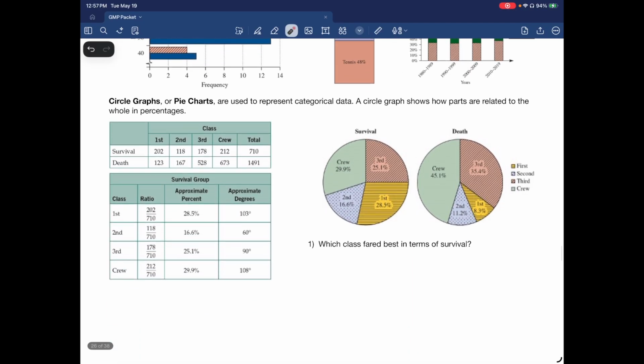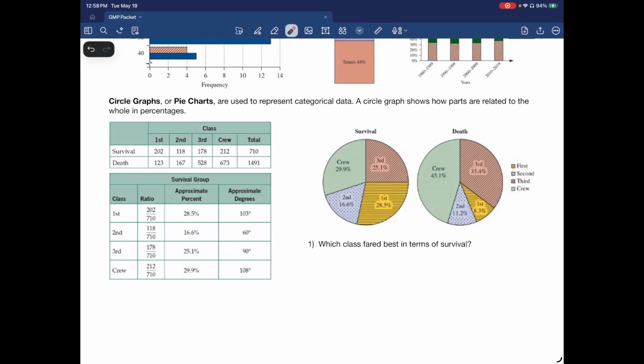Another one you're familiar with would be circle graphs or pie charts, which are used to represent categorical data. A circle graph shows how parts relate to the whole in percentages. This particular set of data is about the Titanic and how many people survived and how many died, broken down by class: first class, second class, third class, or the crew.